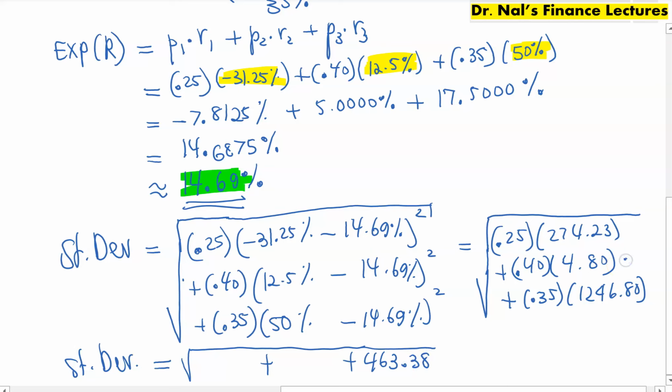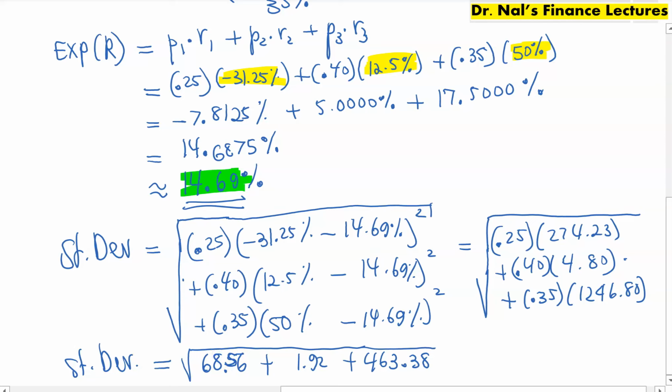The second, middle number, multiplying 0.4 times 4.80 equals 1.92. And the very first one, 274.23 times 0.25, is 68.56.